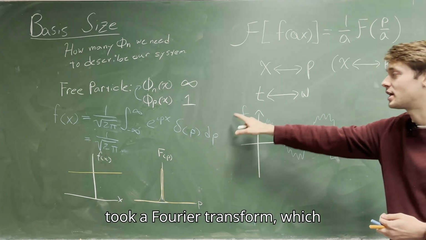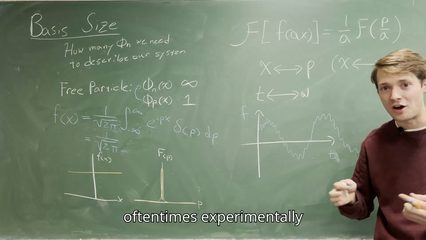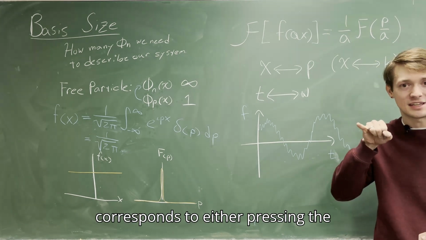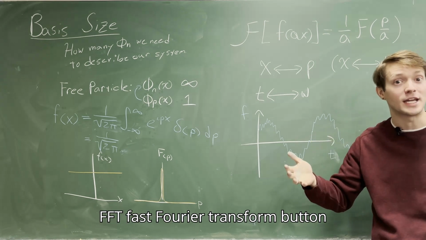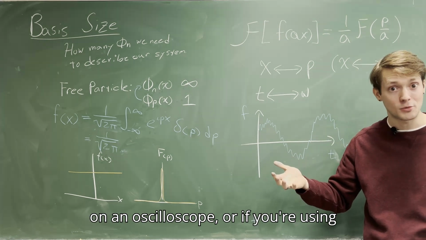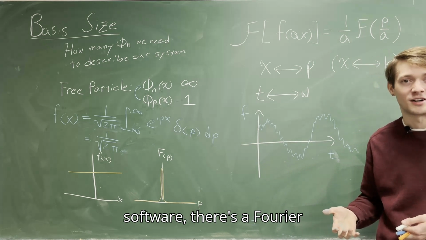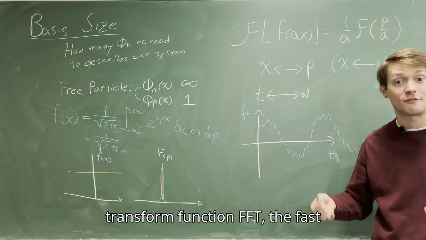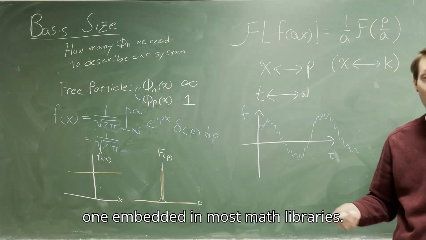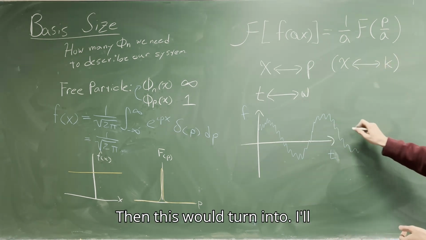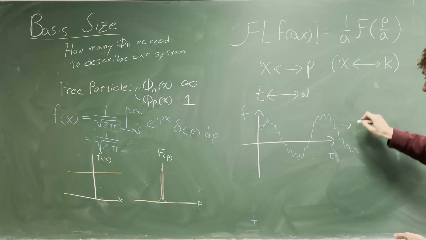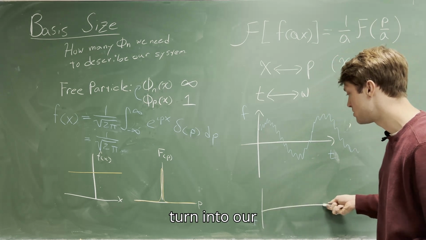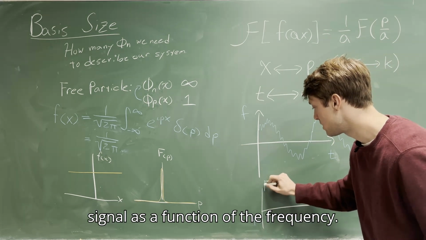If we took a Fourier transform, which oftentimes experimentally corresponds to either pressing the FFT, fast Fourier transform button on an oscilloscope, or if you're using software, there's a Fourier transform function, FFT, the fast one, embedded in most math libraries.